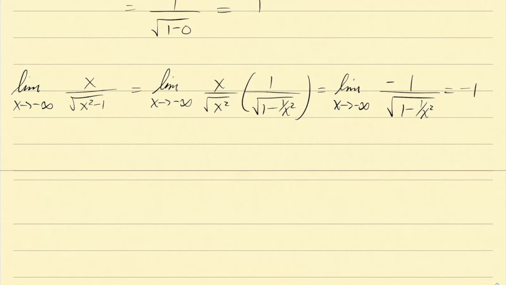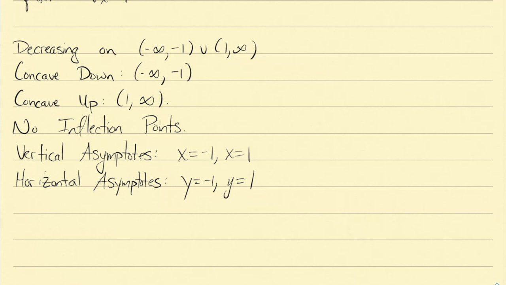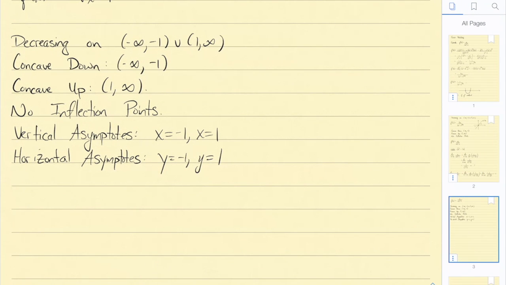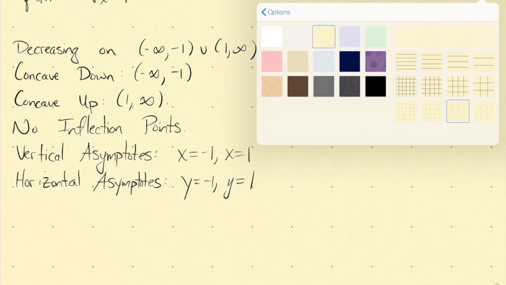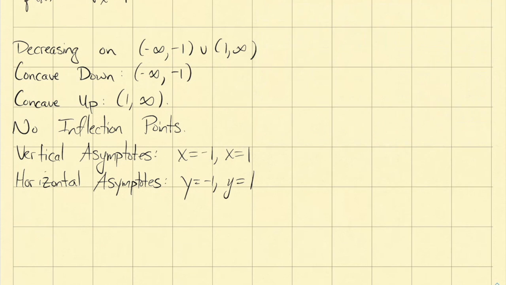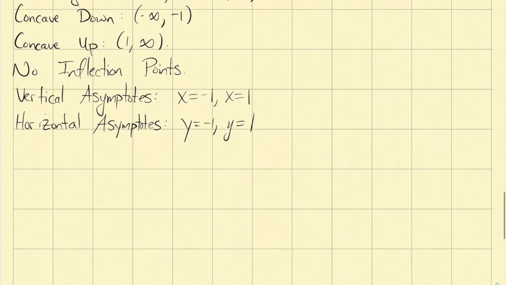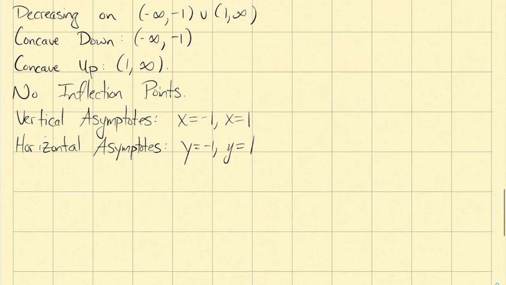In order to sketch the curve, we need to collect all of our information. So we're going to do that real quick. Great. Now that we have all of our data, we're going to get a little graph paper here, and we're going to use this information to sketch our function.